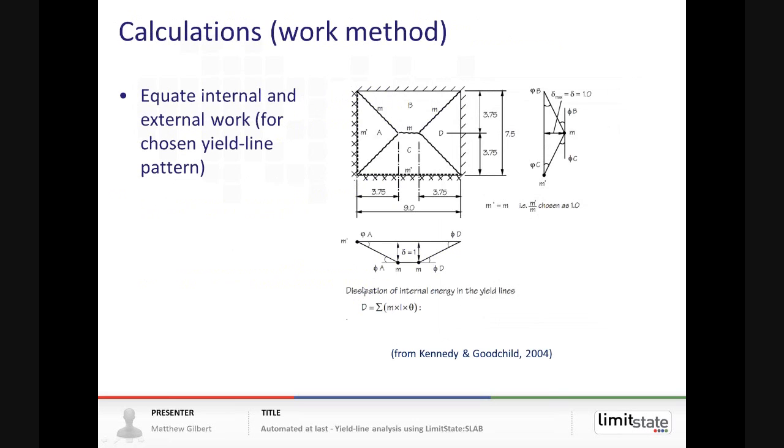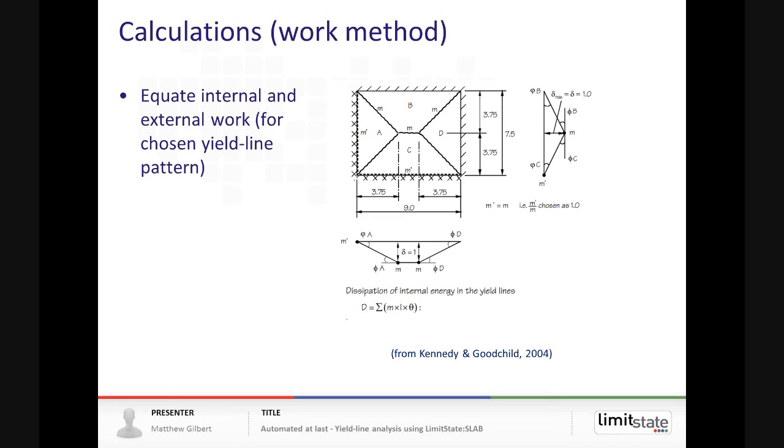How does it work in terms of the calculations? There's various different approaches you can take. Probably the most common is the work method, where we equate internal and external work for a chosen yield line pattern.